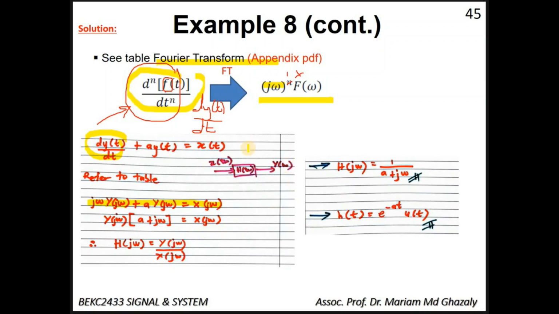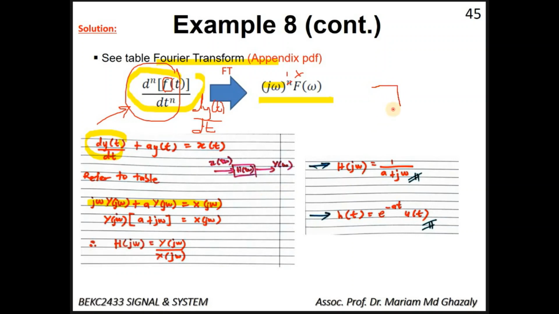The question was to find the system response H(jω). So H(jω) is equivalent to Y(jω) over X(jω).